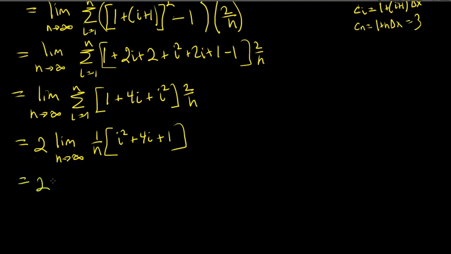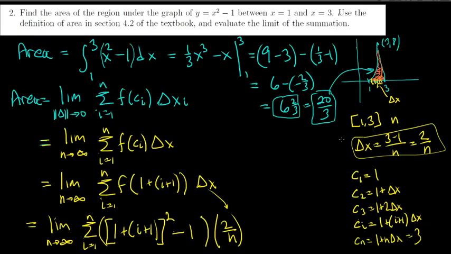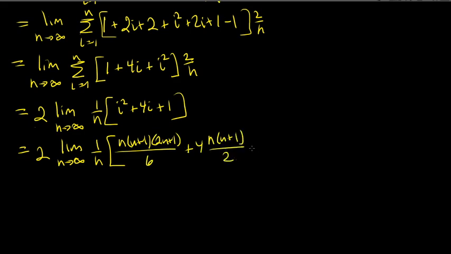All right. So now we just use the same rules that we did for the first problem, the sum of the i's and the sum of the i squares. So I'll leave this as 1 over n. The sum of the i squares, of course, is n times (n plus 1) times (2n plus 1) all over 6, plus 4 times the sum of i, and that's going to be n times (n plus 1) over 2, plus 1.